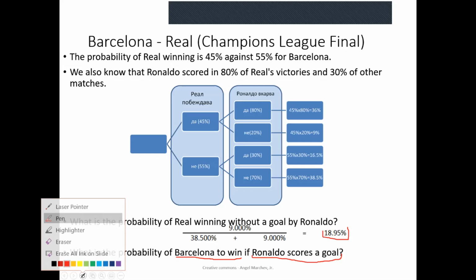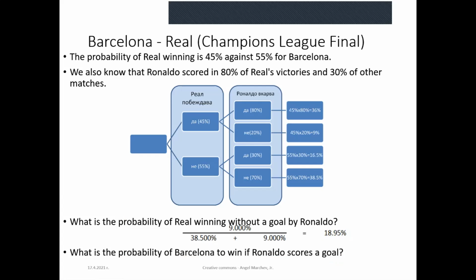So we need to construct Ronaldo scores, which means that we take 16.5 plus 36. This will be our denominator, and the 16.5, because it comes from Barcelona winning, goes into the numerator. And if we calculate this, it comes down to 31.43%.